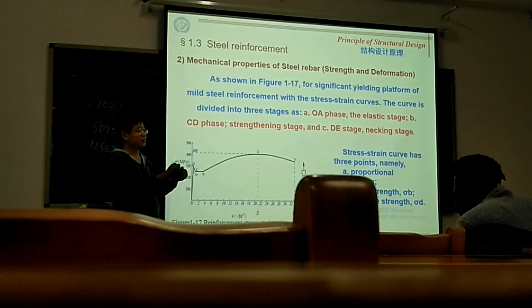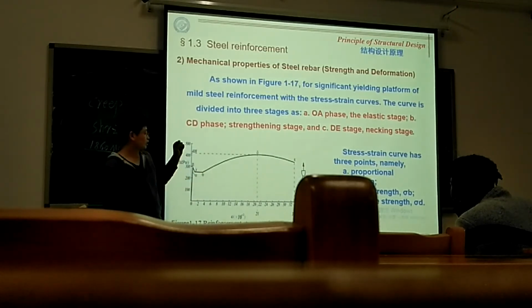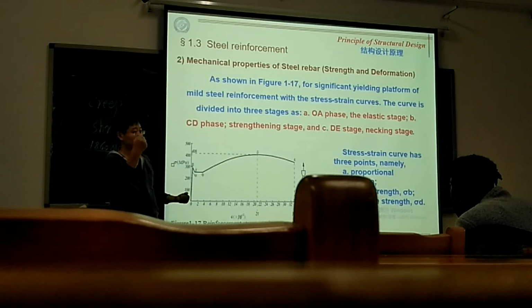That means the strength of the steel also increases. At this part, that means the tensile strength of the steel can be increased.